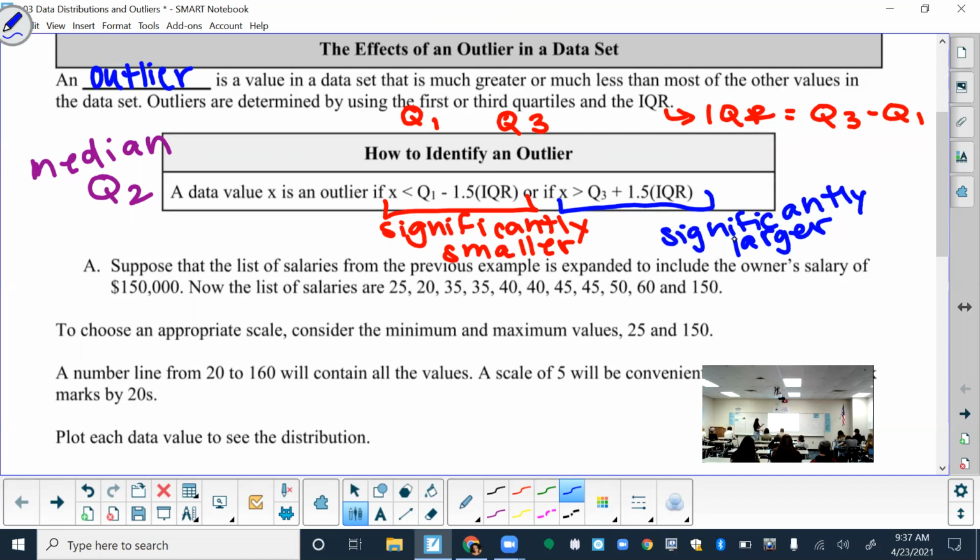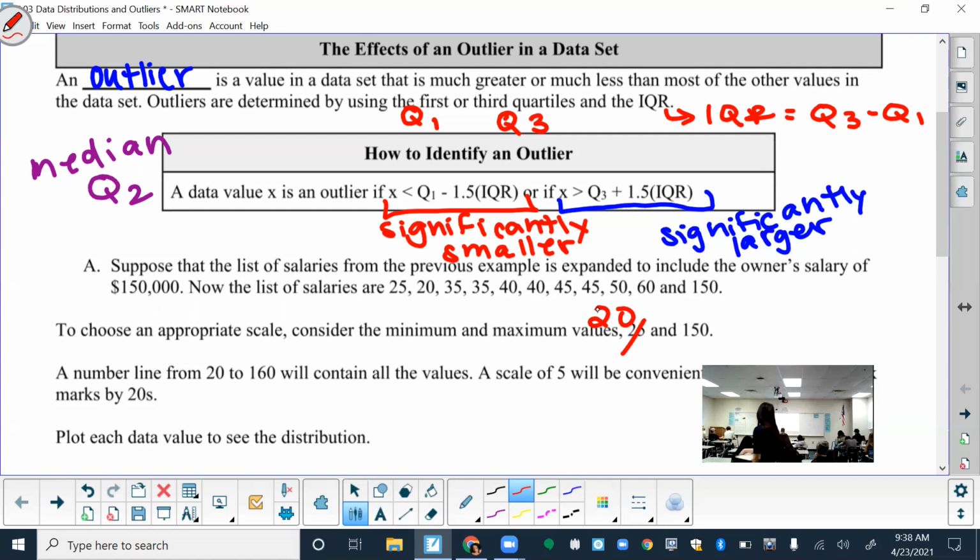To evaluate this, we need to choose an appropriate scale by looking at what the smallest and biggest values are. And there's actually a mistake here. What is the minimum value? 20, not 25. All right, so kind of fix that. 20 is the smallest value. And then because we changed the data, we now have a new maximum, which is 150.